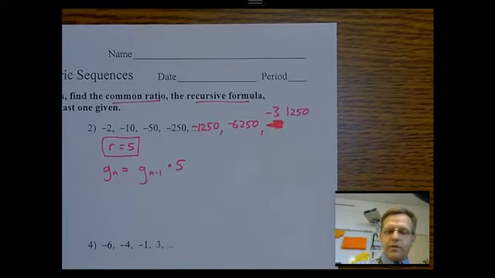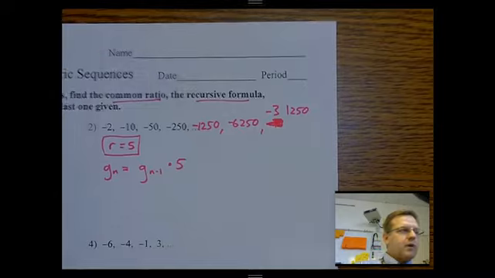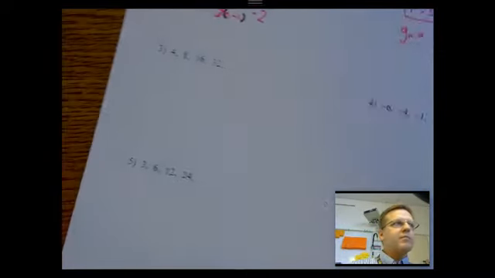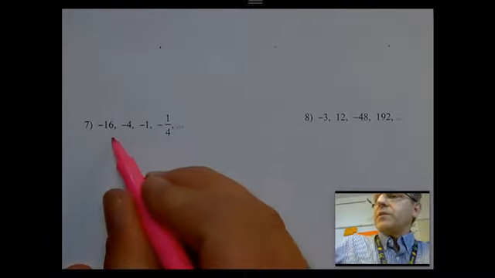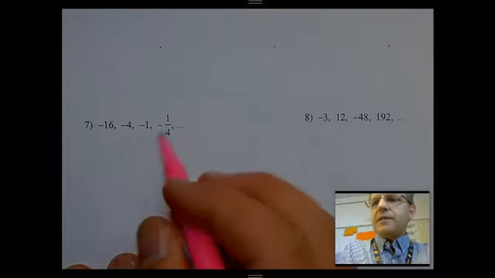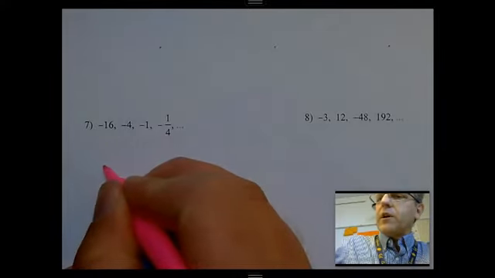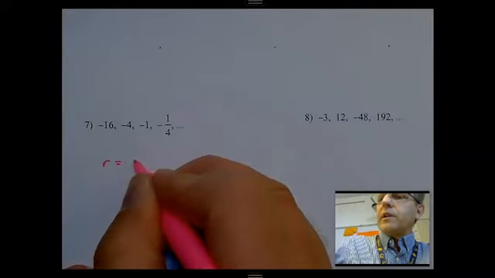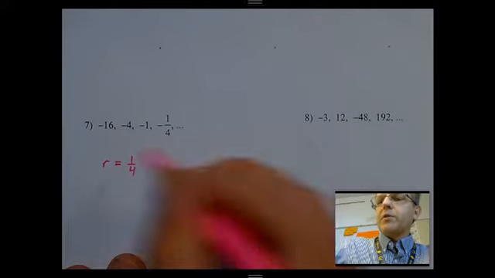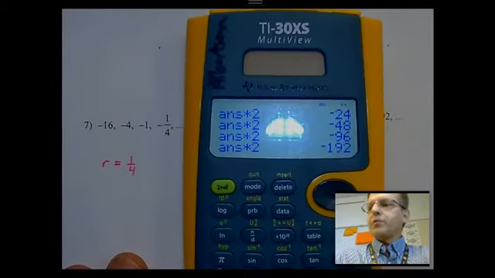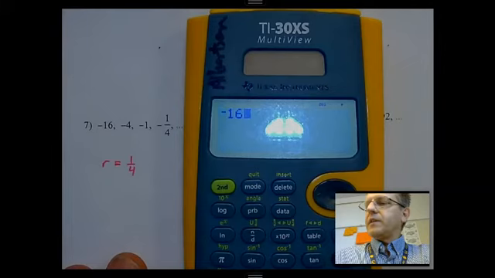All right, let's look for a difficult one. Maybe let's go down to number 7. We can see that this one starts to get into the fractions. So is this one multiplying? Kind of. It's dividing. So the common ratio here is 1/4. It's dividing by 4. It's multiplying by a fourth. Let's prove it. We have -16. Let's multiply by 1/4, and that gives us -4.